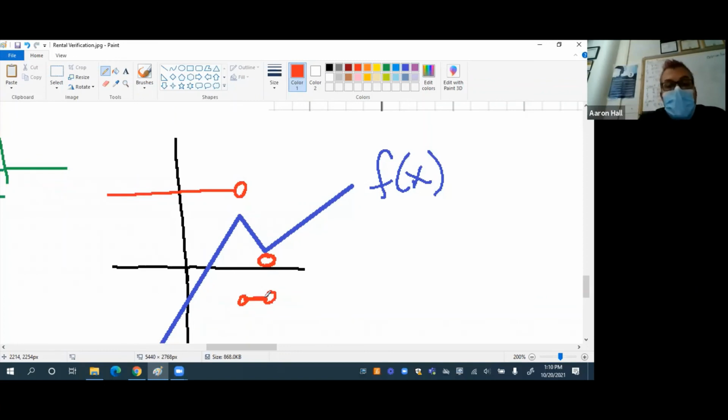Eileen, why is this a horizontal line below the x-axis? The slope is negative. Yep. Why is it horizontal? Yeah, the slope is constant. The slope doesn't change. Good. Okay. What happens over here?